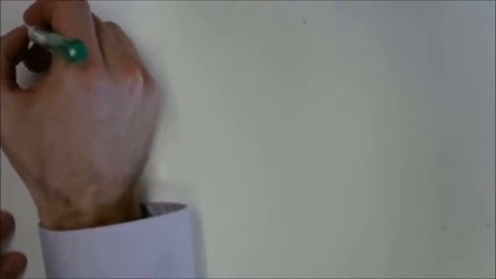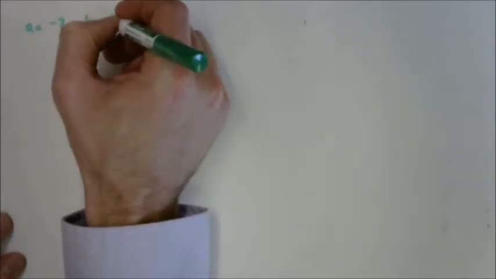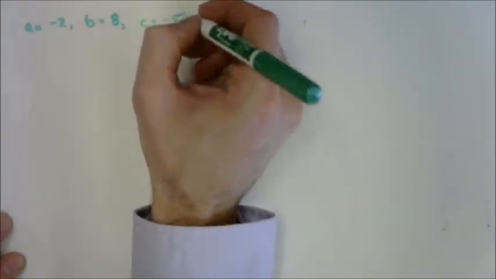So we have our first one there, negative 2x squared plus 8x minus 5. And we're going to plug that into the quadratic equation. So we know our parameters. A is negative 2, B is positive 8, and C is negative 5.